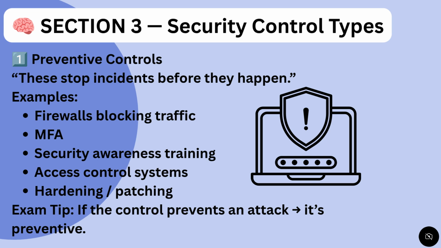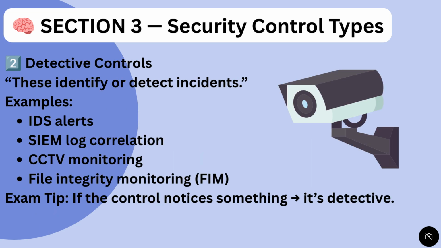Second control is detective control. Detective controls identify or detect incidents after they occur. Examples include intrusion detection systems, security information and event management alerts, CCTV monitoring, and file integrity monitoring. If the control notices or identifies something suspicious, it is a detective control.